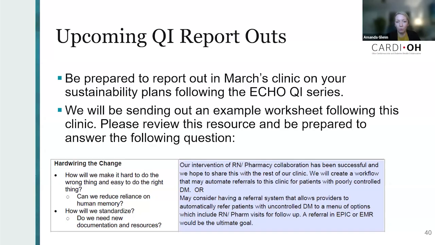They created that workflow and automated referrals to the clinic for patients with poorly controlled diabetes. So having a referral system in place in the EHR could be a way to sustain. A lot of different things that you brought up today could go here, but we would love to hear from you next month about the sustainability efforts.